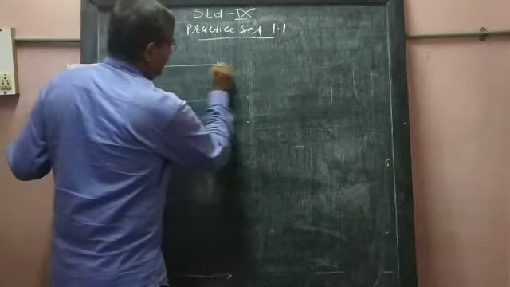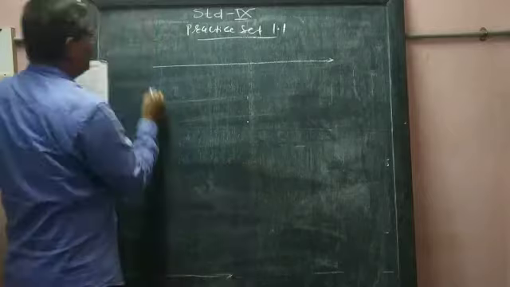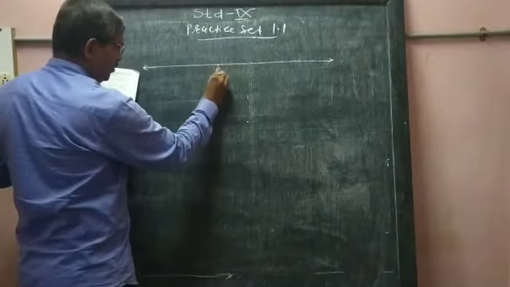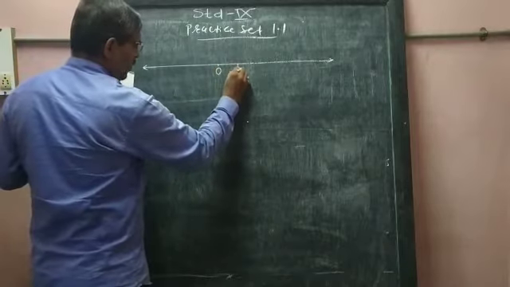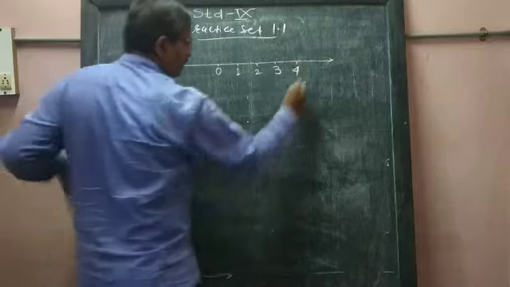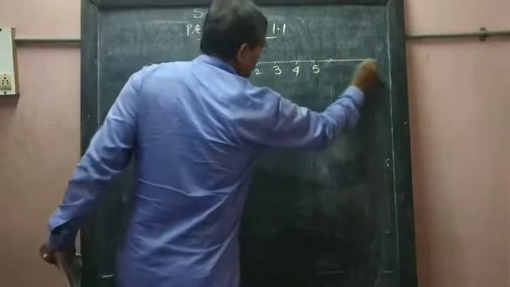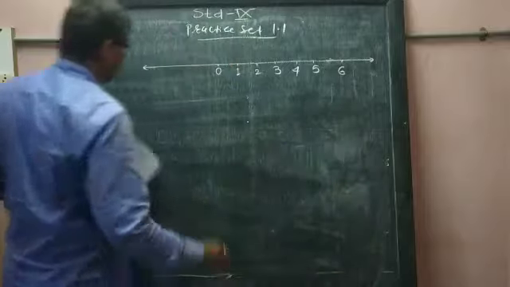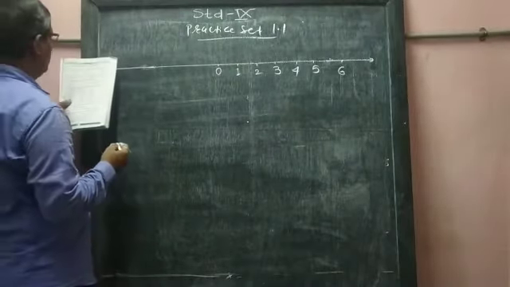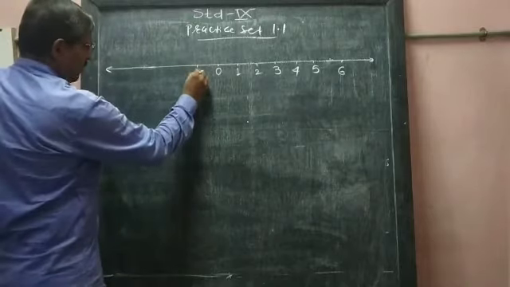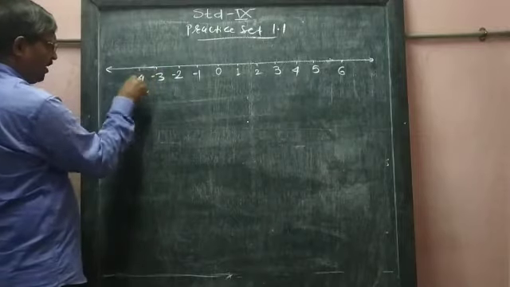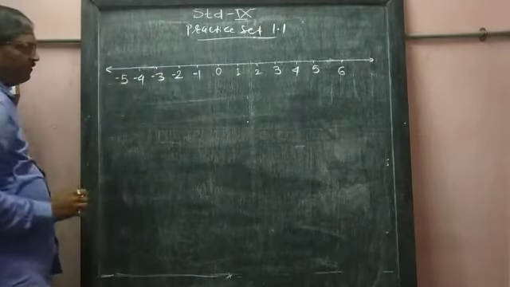In this practice set 1.1, I have drawn one line. On this line, here is 0, then 1, 2, 3, 4, 5, 6, and to the left-hand side there are -1, -2, -3, -4, -5.